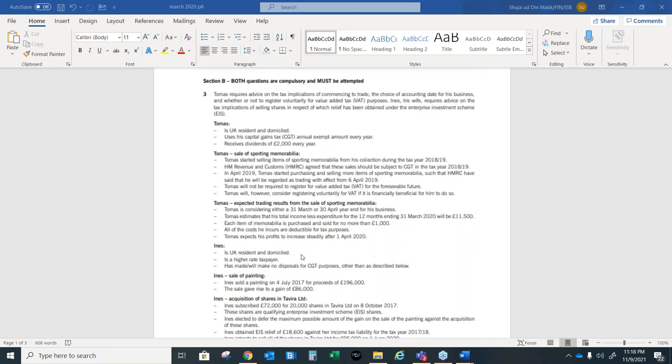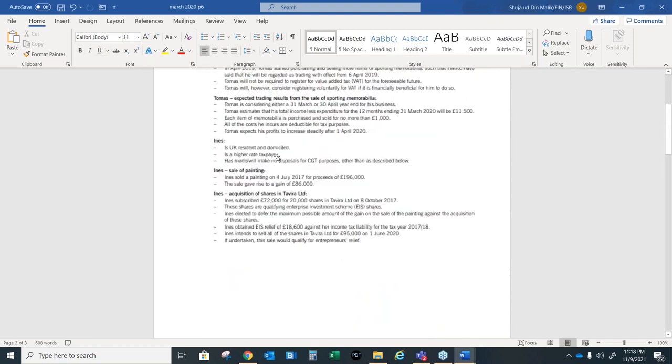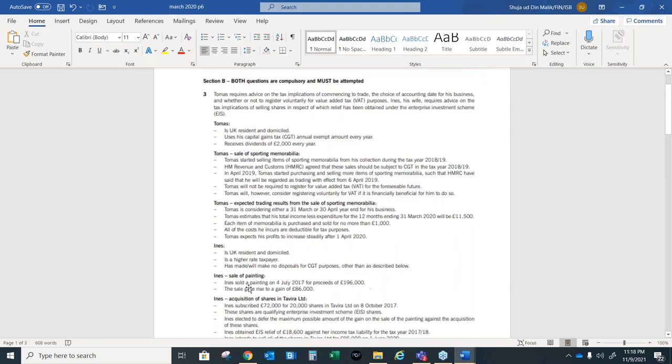Eins, UK resident and UK domicile, is a high rate taxpayer, and will make disposals for CGT purposes other than described below. We will be ending our session after reading the whole question.